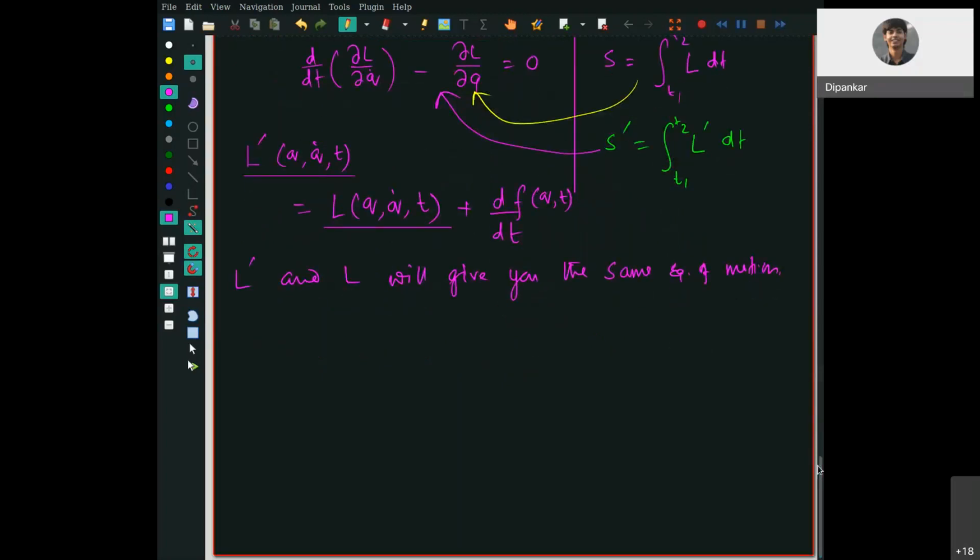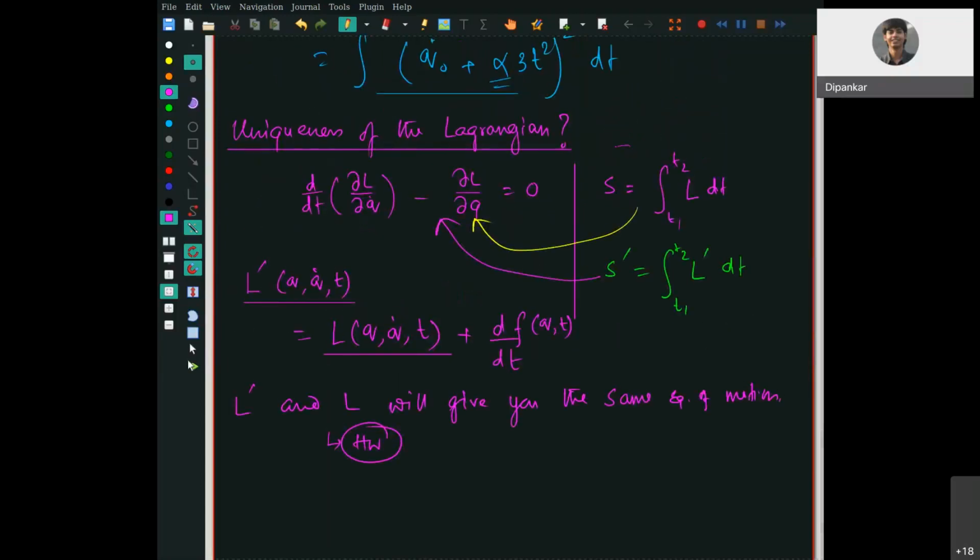All right. Now, I leave it as homework for you to check explicitly. Do that, okay? But I can be a bit more clever to convince you that this is indeed true. So this was my old action in terms of my L, and suppose this is my new action in terms of L prime.